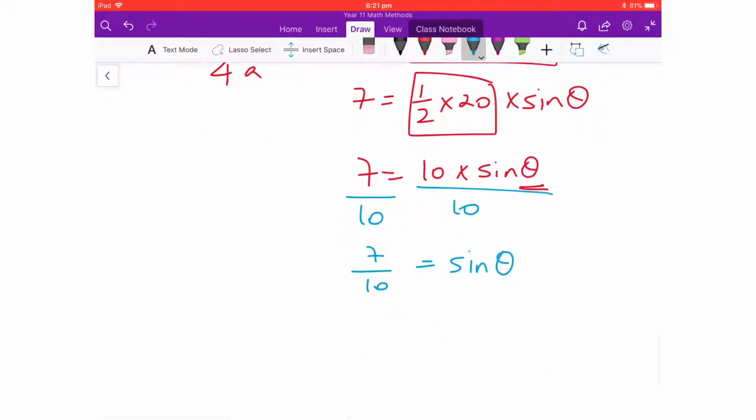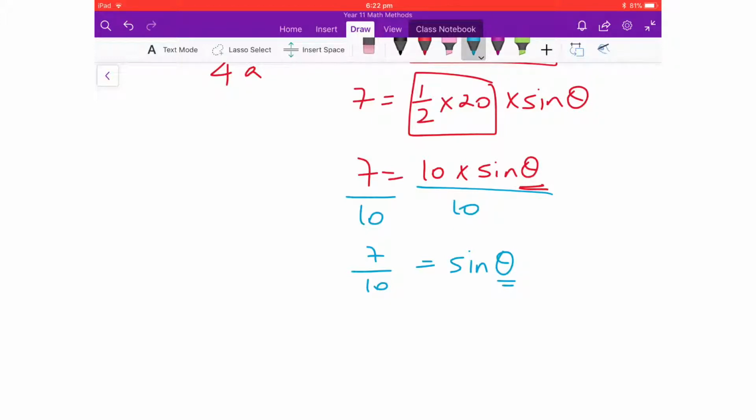The next thing is I'm still needing to get this theta on its own. And I'm going to do something called the inverse of sine. The inverse of sine is basically the opposite of sine. So you know how the opposite of add is subtract, the opposite of multiply is divide. In this case, the opposite of sine is inverse sine. Same with cosine, the opposite of cosine is inverse cosine.